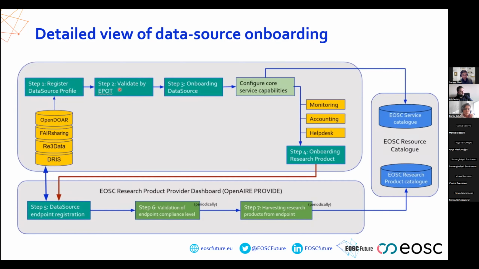Then the team validates this resource. And if everything is okay, it is onboarded in step 3. In step 4, they can onboard their research product. This is done within the EOSC. And in the lower section, you can see another step of onboarding. It is done by another project called OpenAIRE.